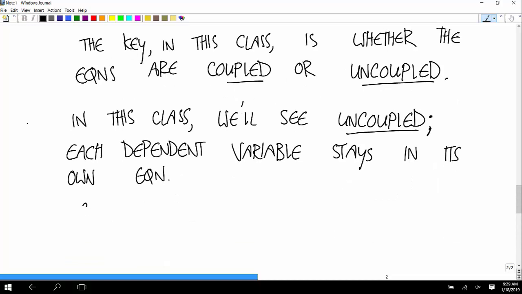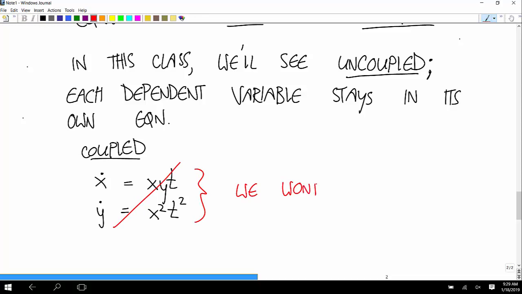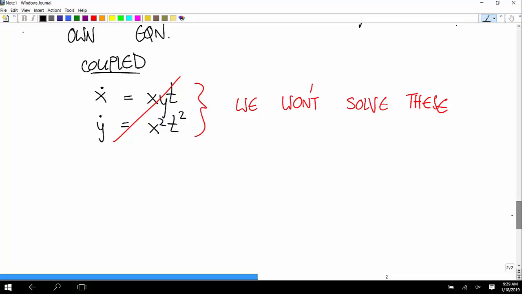So an example of a coupled equation would be like x dot is equal to x y t, and y dot is equal to x squared t squared. We don't have a way to solve these in this class. If they're uncoupled, they stay in their own equations.